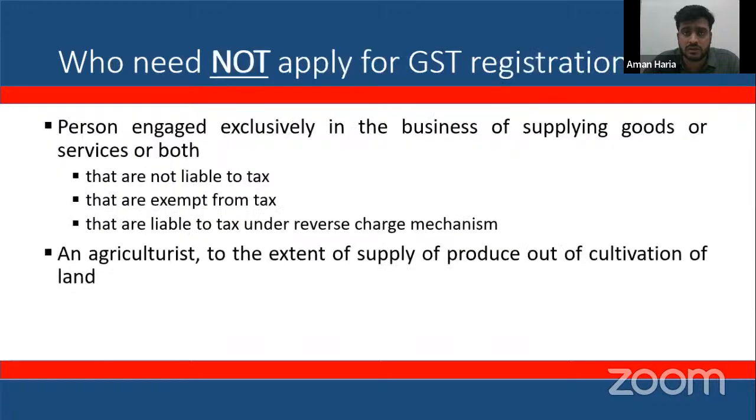We shall discuss when you should not or when you need not apply for a GST registration. Services which are not liable for tax, not liable for GST more specifically. In those cases, you need not apply for GST registration.